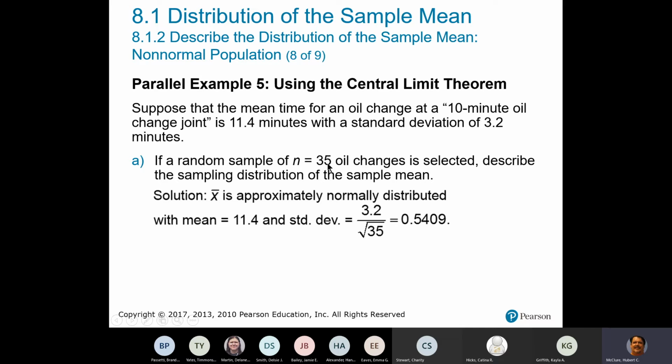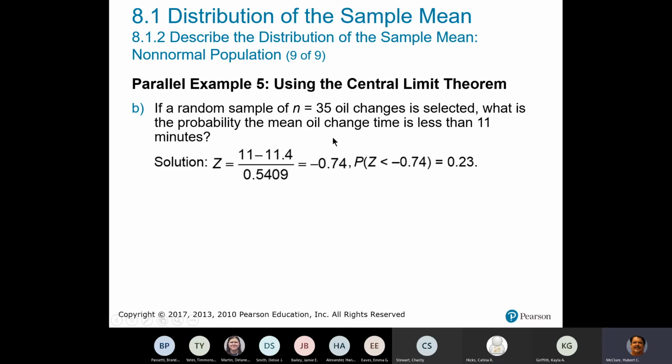If you pick 35 more people or oil changes, they're just showing you that the new standard deviation, instead of 3.2, is going to be 0.54. That's the same thing we talked about: divide by the square root of n, where n is equal to 35. They're just bringing back that formula, hammering that formula.